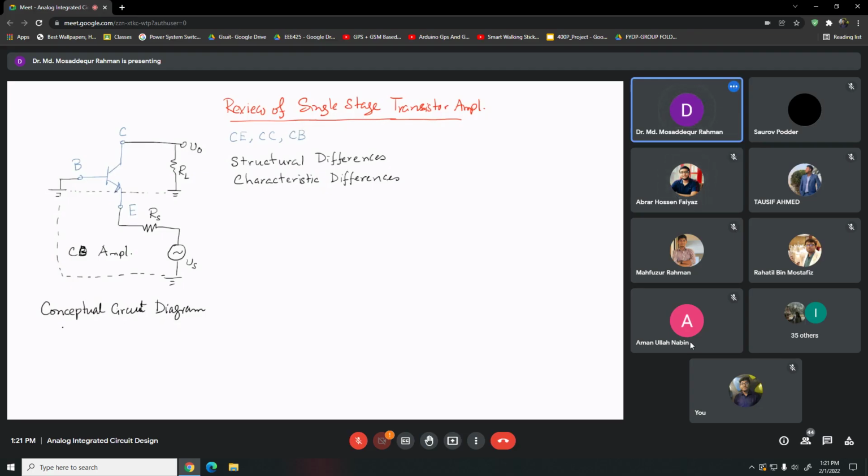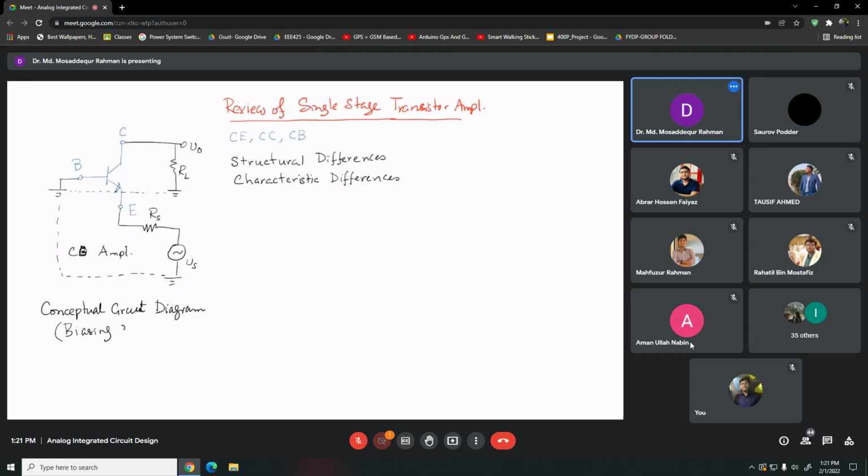Anything else? Anything else they are missing? Sir, external voltage VCC. Right. Actually, the biasing circuit.